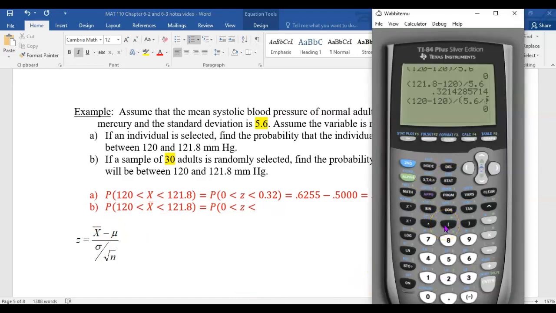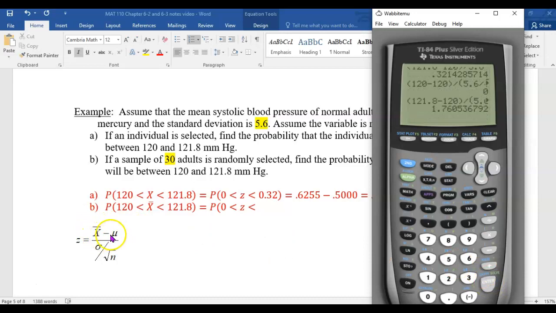So here's how it goes into the calculator. Parenthesis 121.8 minus 120, close parentheses, divided by parenthesis 5.6 divided by the square root of 30, close parentheses, hit enter.